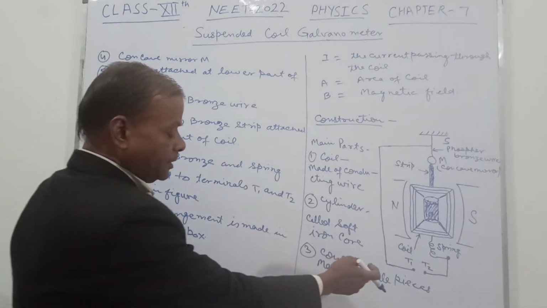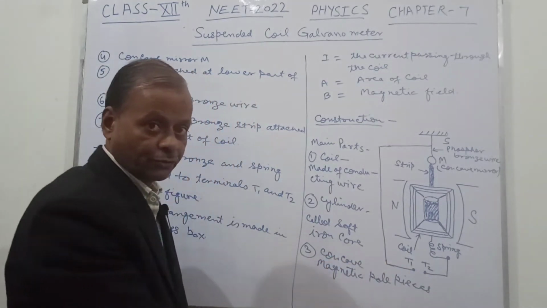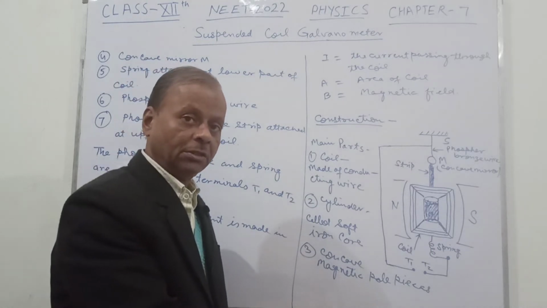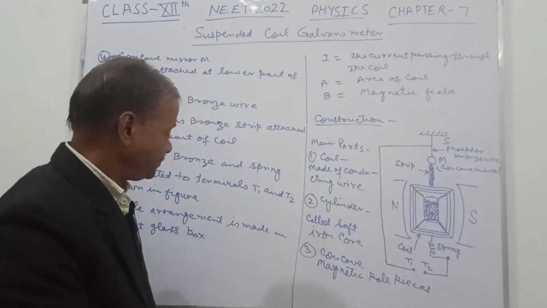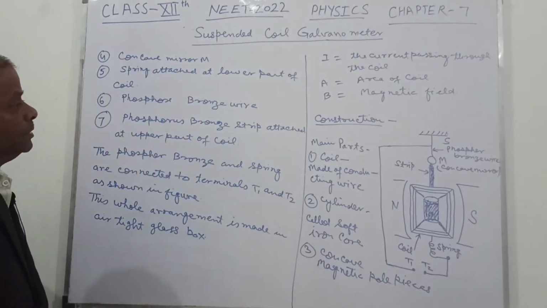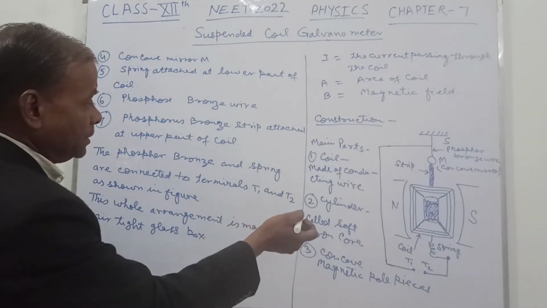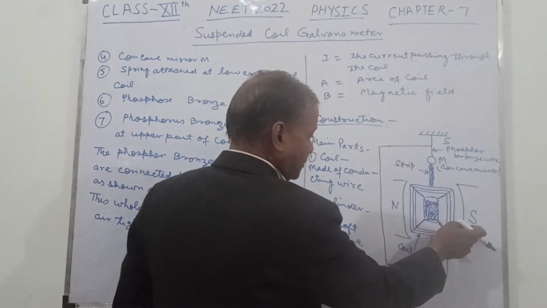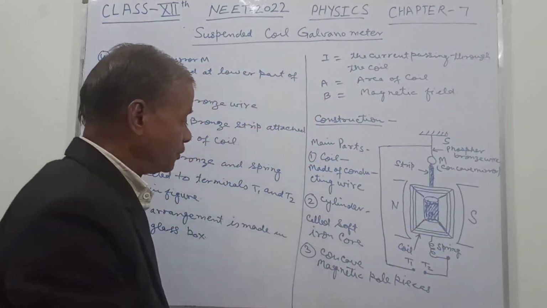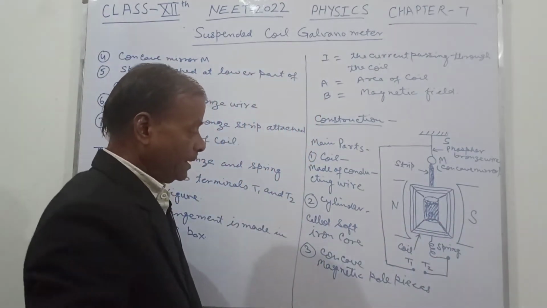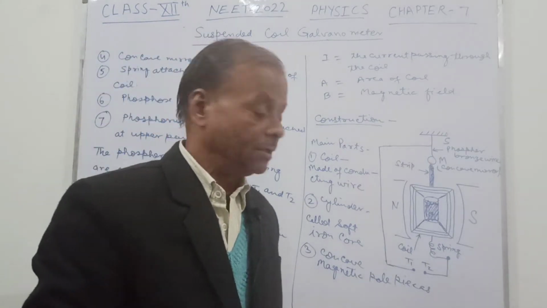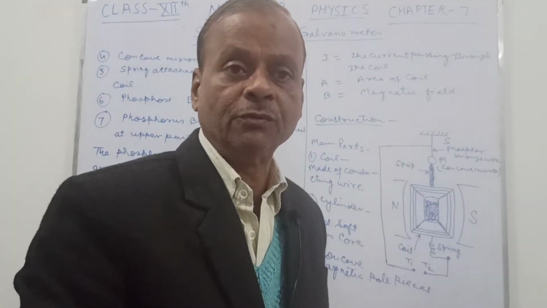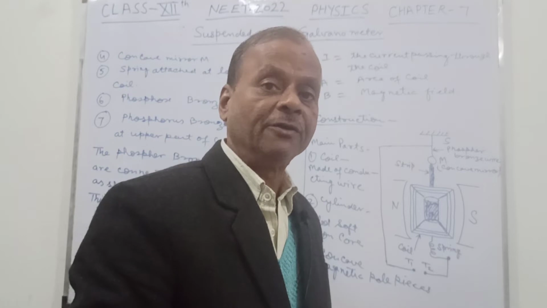The terminals T1 and T2 are just outside of this, so that they can be connected to measure the current. Now the pieces of this magnet are of concave shape, as I have told you here, and these concave pole pieces give you the radial magnetic field.